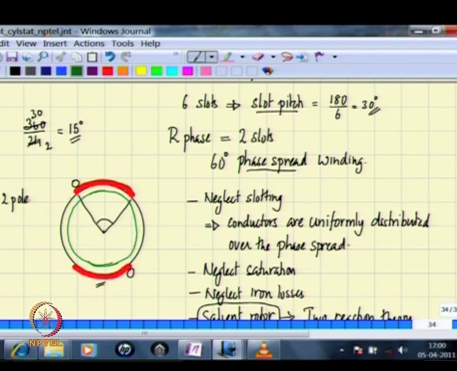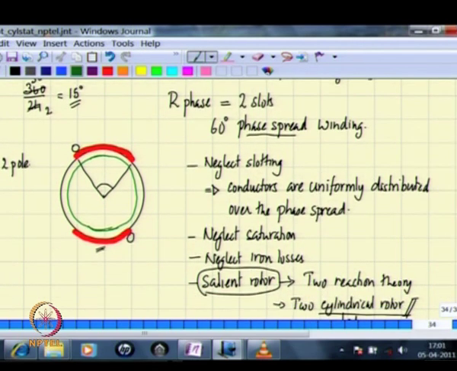Assume that the air gap is uniform, and what we want to do first is to arrive at the variation of MMF around this air gap. And how to do that? In order to do that, we apply Ampere's law.